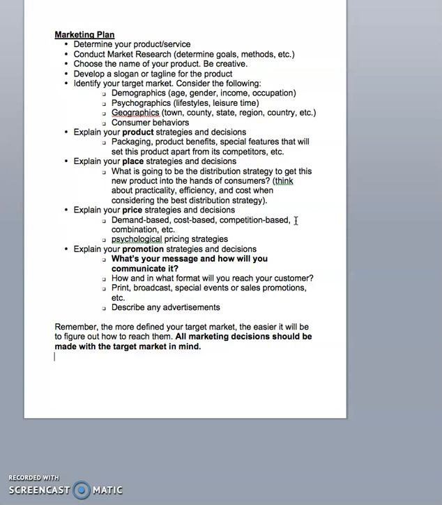As well as explaining your promotional strategy, which is you have to have a message, and then what is your message and how will you communicate it? How will your target market know that you even exist? What is the method that you're going to use, or the format? How will you reach your potential customer?